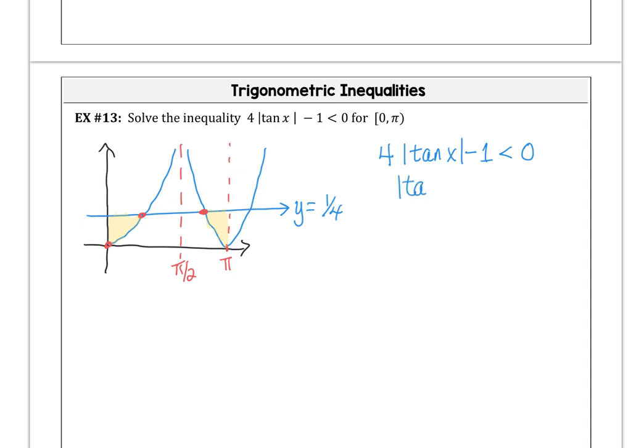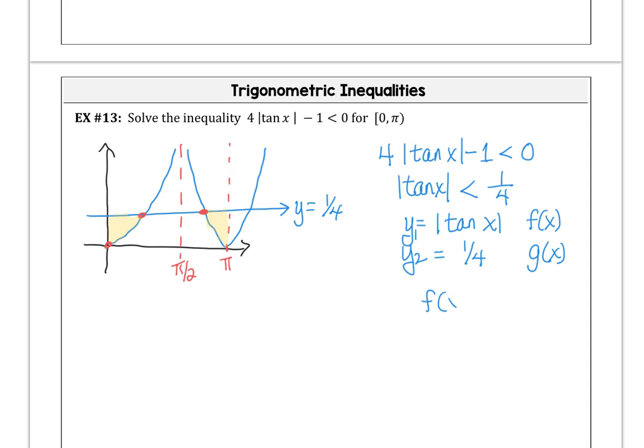If we take the tangent of x, absolute value, and add 1 to both sides, divide by 4, I can graph y1 is the tan of x, absolute value, and I could graph y2 is 1/4. And we want to know where is the tangent. This is f, and this is g. I want to know where is the tangent graph, f of x, less than the g of x graph.